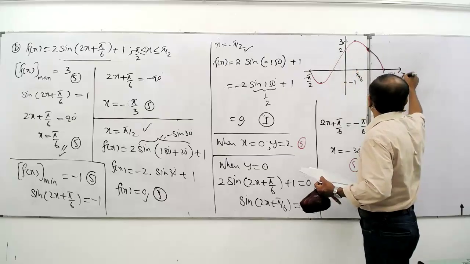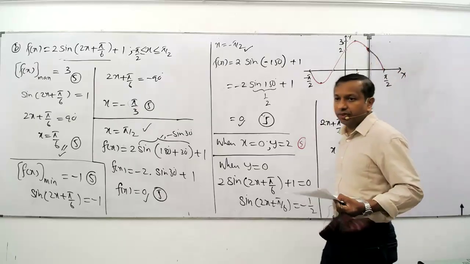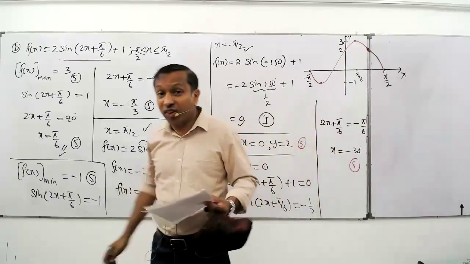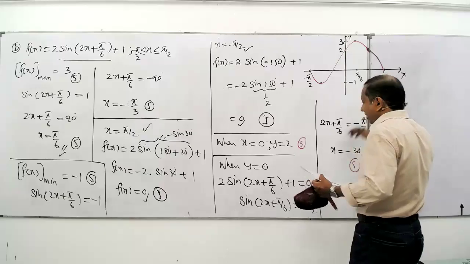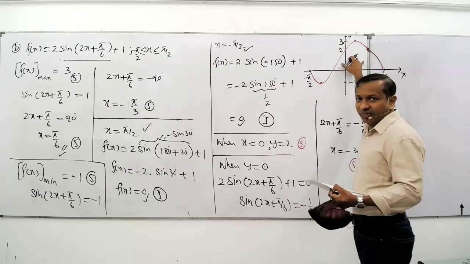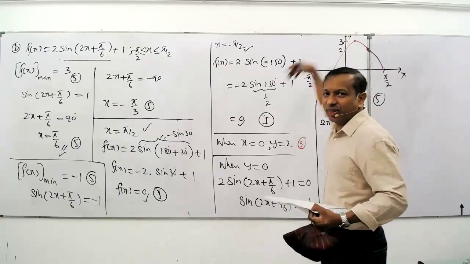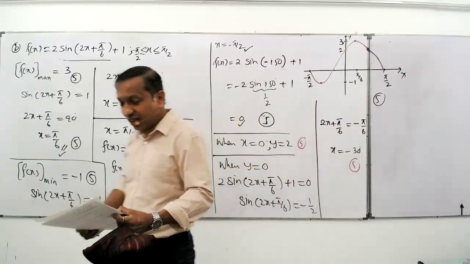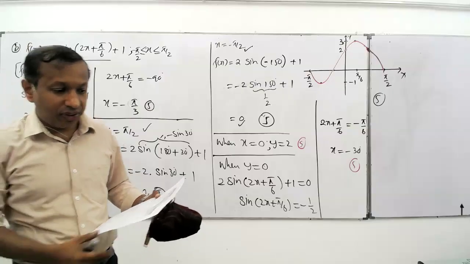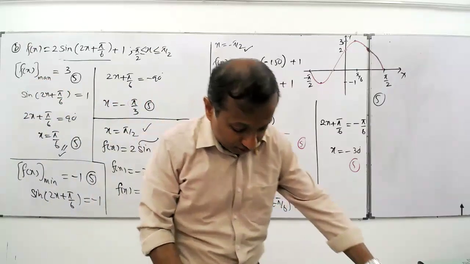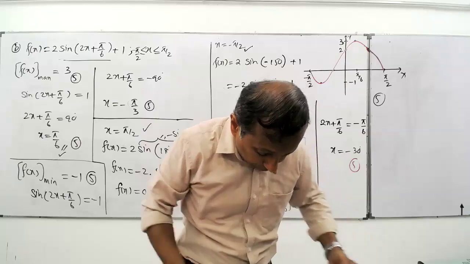This is the x-axis, this is the y-axis. Okay, this is the graph. For the graph 5 marks, right? This data we brought into the XY plane and drew the graph. 5 marks, right? Therefore, more marks come for finding the important points in the graph. Okay, that's the end of the pure part.